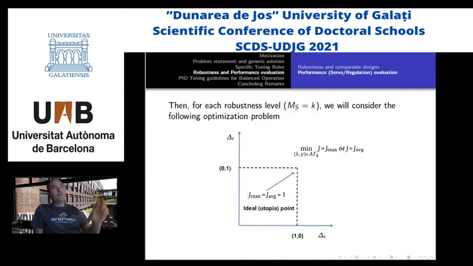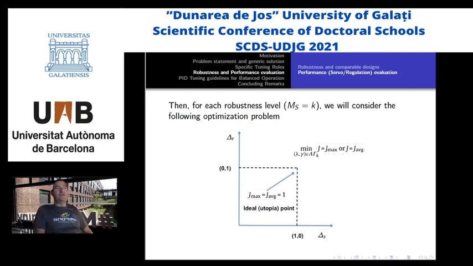So from an optimization problem interpretation, this could be what we are looking for. Okay, so we will try to minimize the value of J, being J either the maximum or the average, whatever, by looking at the minimum value of J over all the lambda gamma set, being the lambda gamma belonging to the specified robustness level that we have been stating at the beginning.